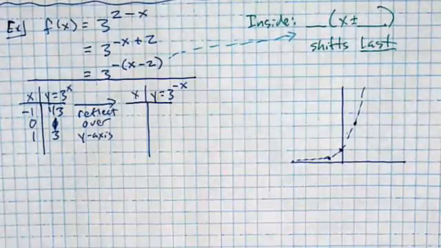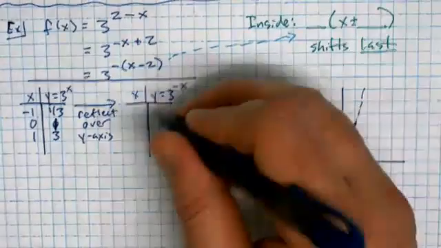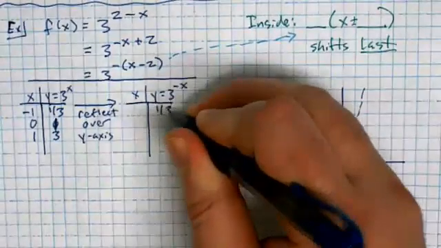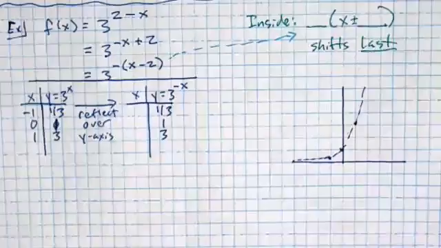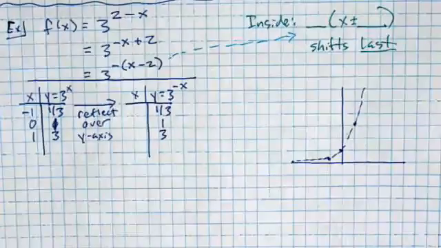Since this is happening on the inside of my function, it should only affect my x coordinates, right? Inside is horizontal. So just x coordinates are going to change. My y coordinates should stay exactly the same. So I'm just going to copy my y coordinates down again because they're not changing. My x coordinates are all going to change. And when I do a reflection, it just flips the sign on them.